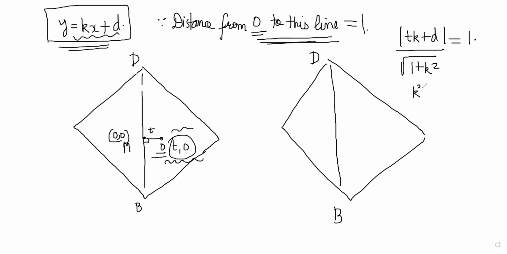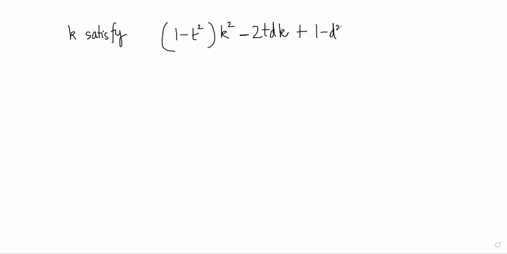So from here we get k square plus 1 is equal to tk plus d whole square. Simplifying this equation a little bit, we get k should satisfy 1 minus t square multiplied by k square minus 2tdk plus 1 minus d square is equal to 0.